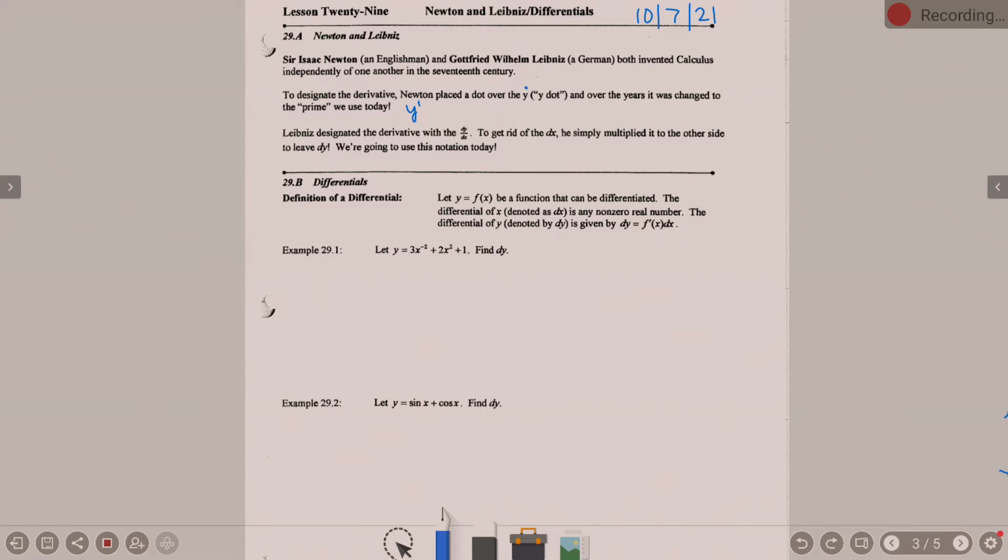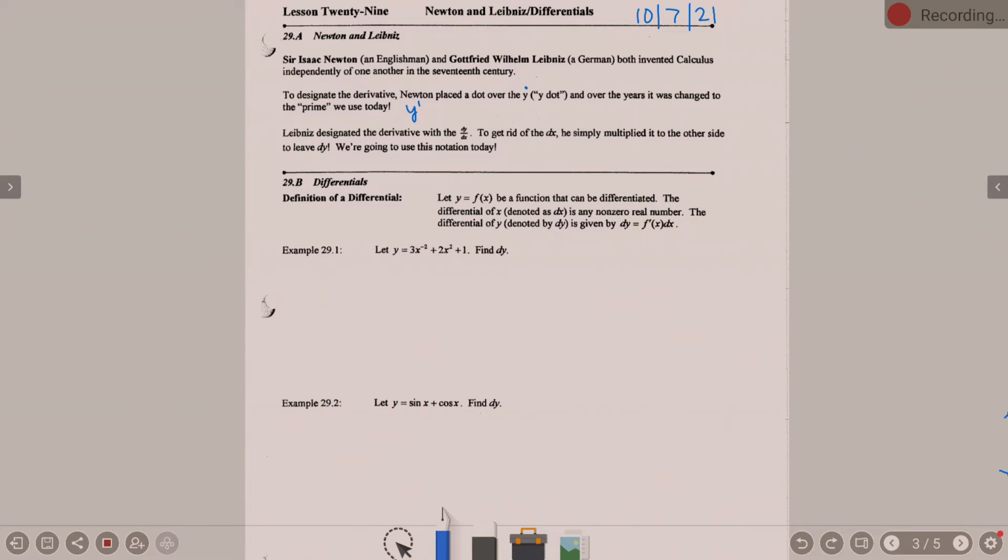Now, with dy dx, we've just used it as a whole quantity, but to get rid of the dx, he simply multiplied it to the other side to leave dy. This is the idea of differentials. Usually we think dy dx means the derivative of y with respect to x, so the derivative of y equals an equation that has x's in it.